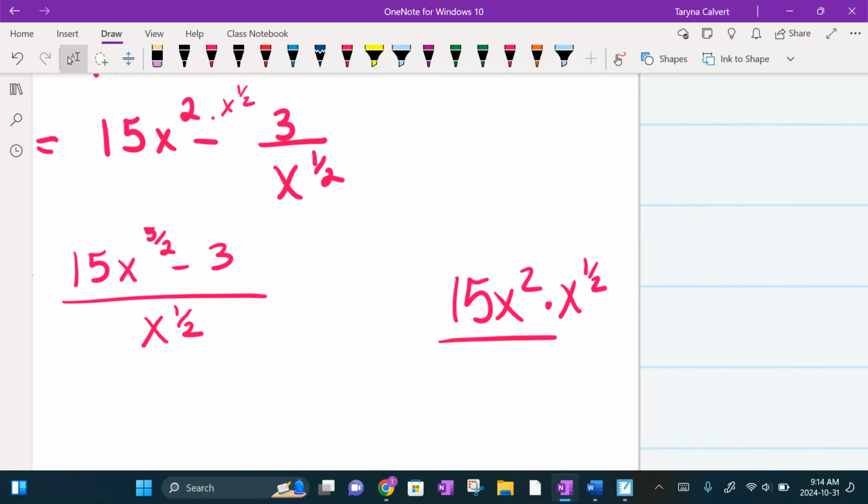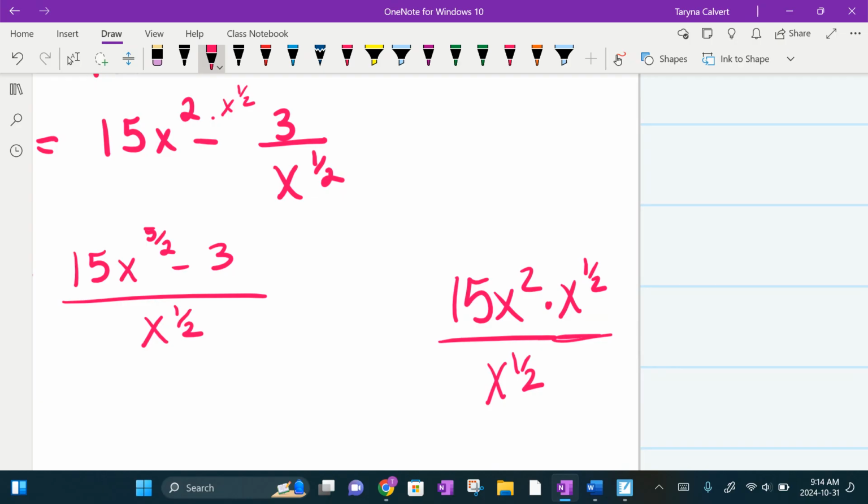Do you guys agree? So then what do we do to those exponents? We have to add them. Is this the same thing? I'm doing this term right here.